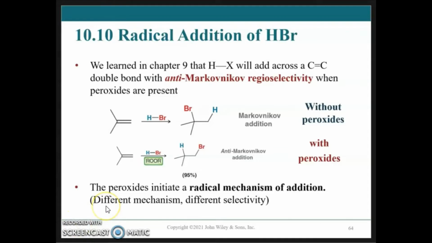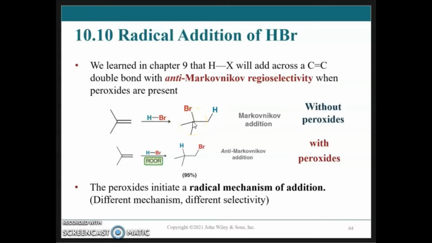So when we left off, we were referring back to chapter 8, maybe section 8.5, and that was the regioselectivity in a Markovnikov addition. In the ionic addition mechanism, we have bromine adding to the most substituted carbon.